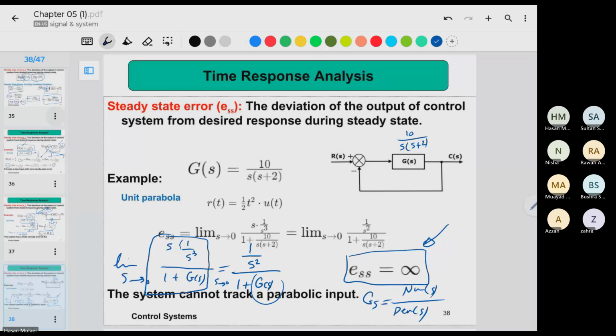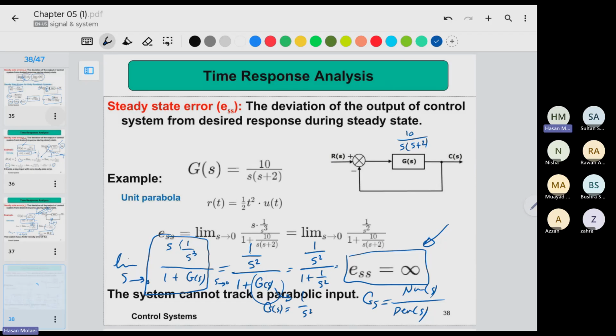Yeah, you can. So I'll just give you some simple examples. If G of S has a part like 1 over S squared, let's say I'm just trying to design. Let's say G of S is something like 1 over S squared. If you put it back here, what will happen to the error? 1 over S squared plus 1 over S squared.